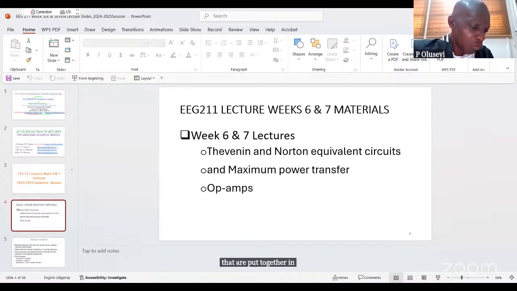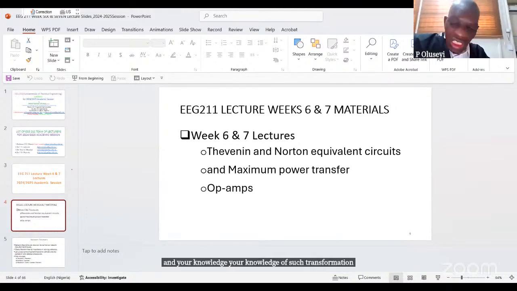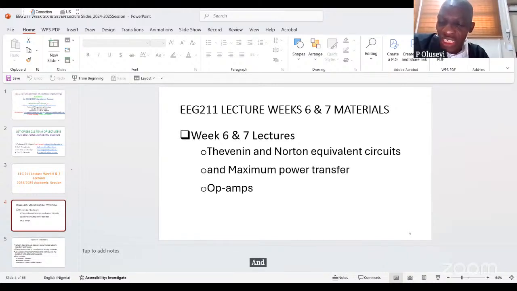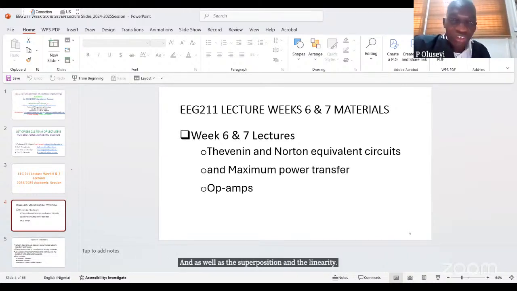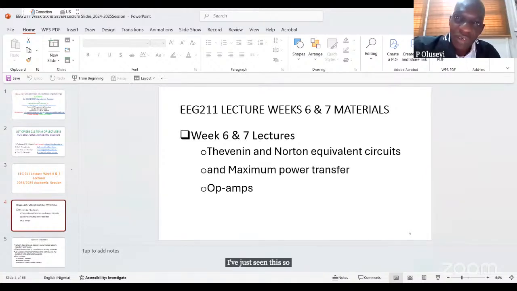And then likewise, your knowledge of source transformation will help a lot, as well as superposition and linearity. I'm just saying this so that you can get yourself well acquainted and prepared for what we are going to do. Because it's not a new thing that we want to do this morning.